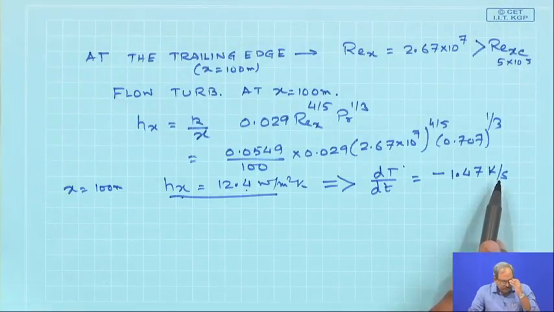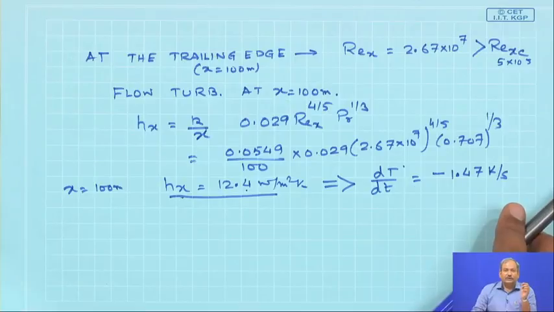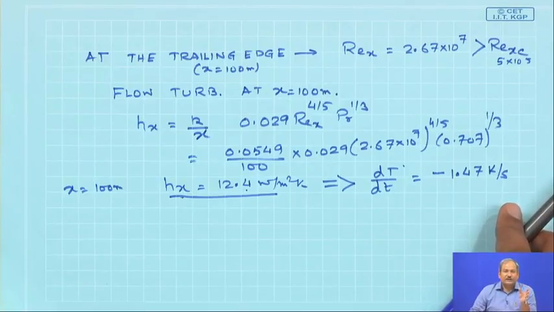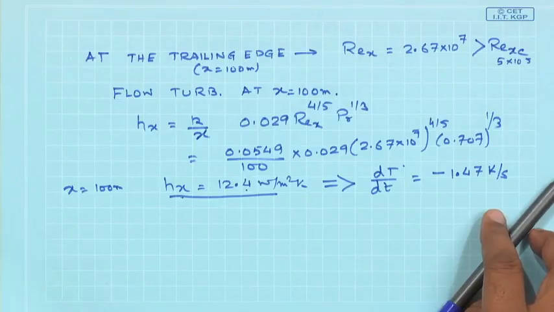So, this again tells us how to solve problems of this type, and one of the most important steps in this type of problems is to find out what is the value of Reynolds number. Based on the Reynolds number, you decide about the flow pattern, is it laminar or is it turbulent.